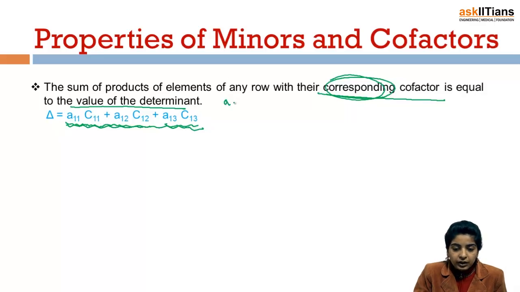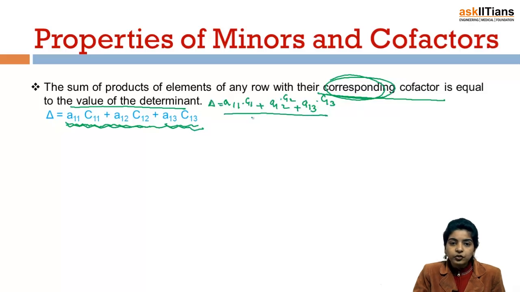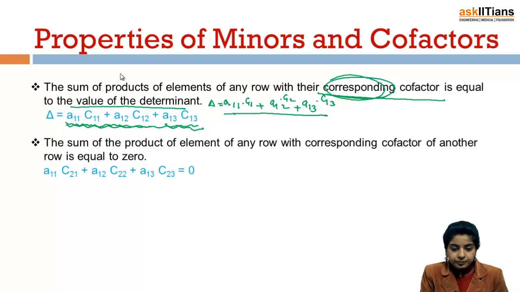If here you are taking the first row, A11, A12, A13 are the elements of the first row. You multiply them with the corresponding cofactors and then you add up the three quantities. This will be equal to the determinant. This is true for each and every row and column. You can have the second row or third row, whatever. So this is an important property.